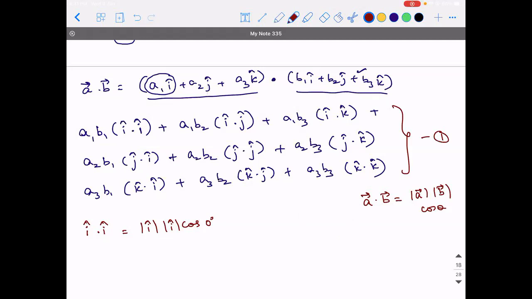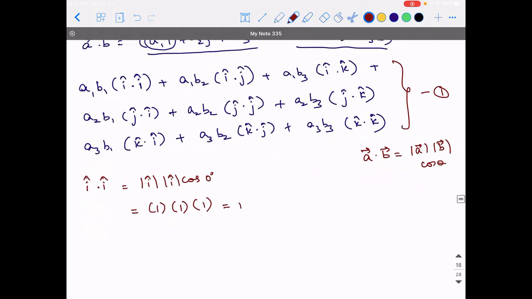So what is the magnitude of I cap? 1, and magnitude of the other I cap is also 1. Cos 0 is 1. Okay, the answer will be 1.